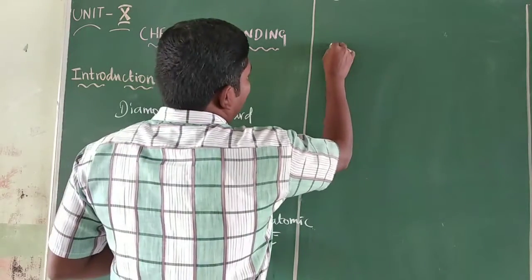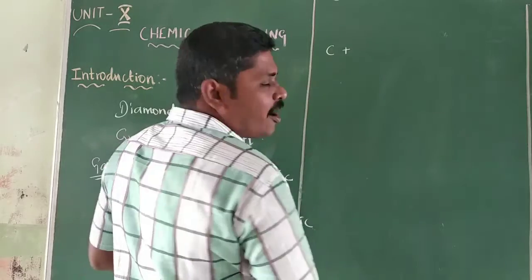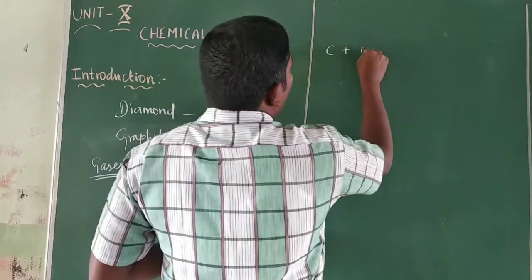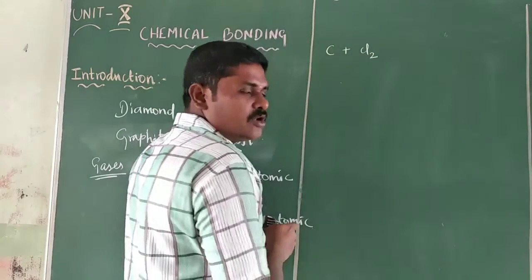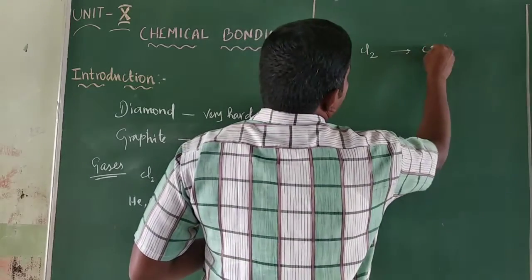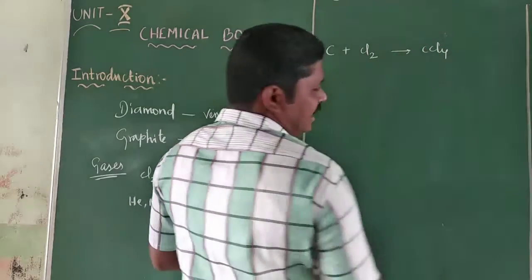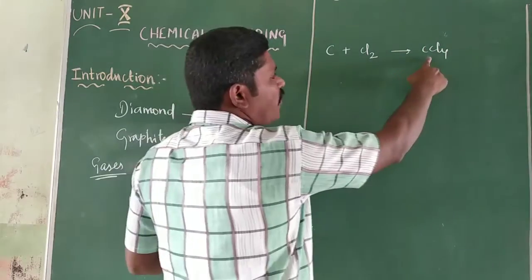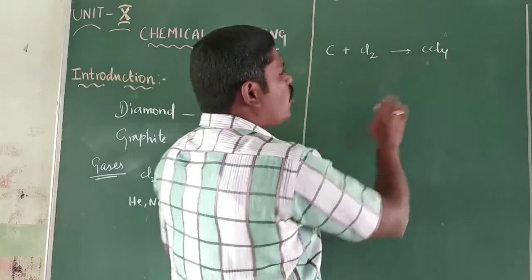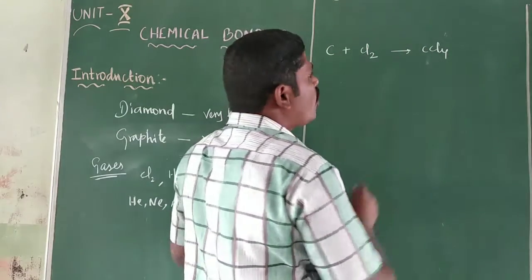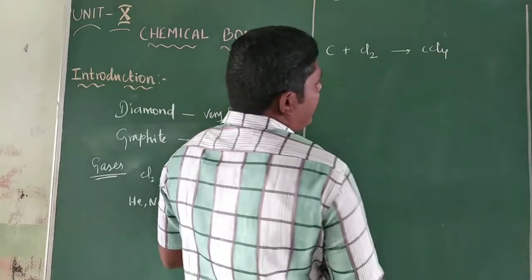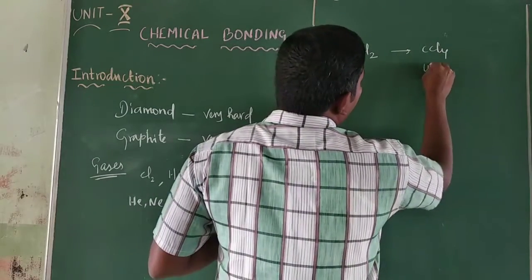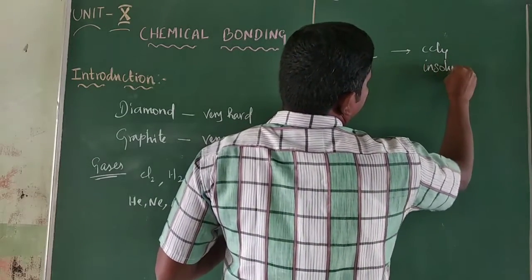Carbon combines with chlorine to form carbon tetrachloride, a liquid. Carbon tetrachloride is insoluble in water.